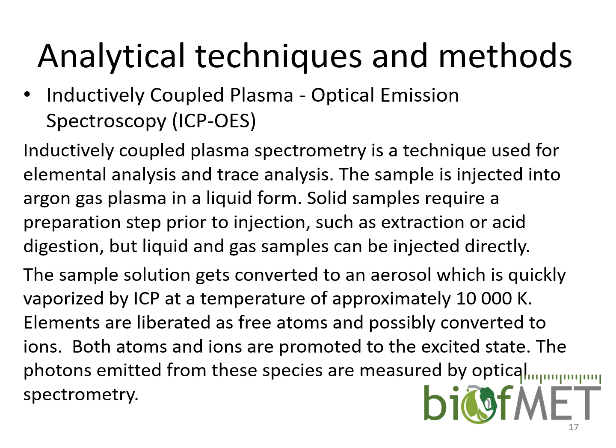In this case, it's not a graphite technique, it's not flame, but it's plasma, actually. Plasma made from argon gas. The temperature of this plasma is approximately 10,000 kelvins, which is a high enough temperature to have basically all elements that you can analyze with this technique in ionic form.